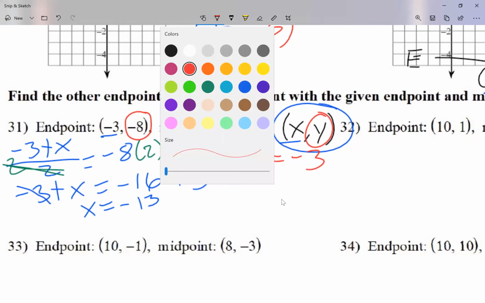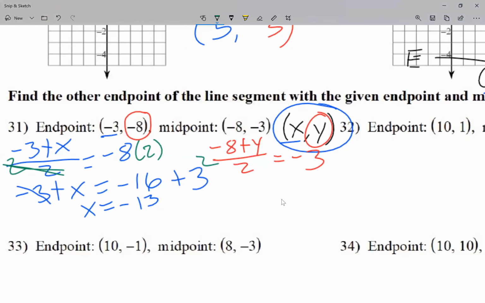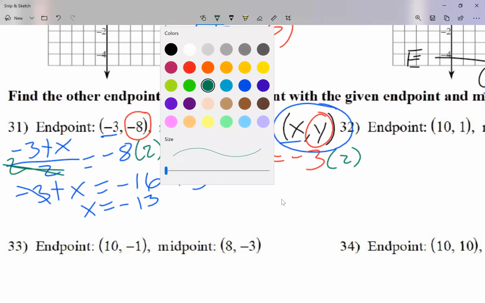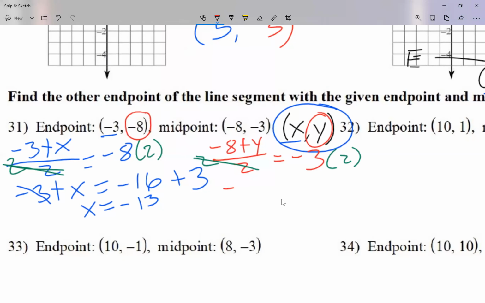I don't want to have fractions, so let me multiply both sides by 2, because that way these 2's cancel out. So that gives me that -8 plus y is equal to -6, since -3 times 2 is -6. My -8, I want to get rid of it, so I'm going to move it to the other side as a +8.